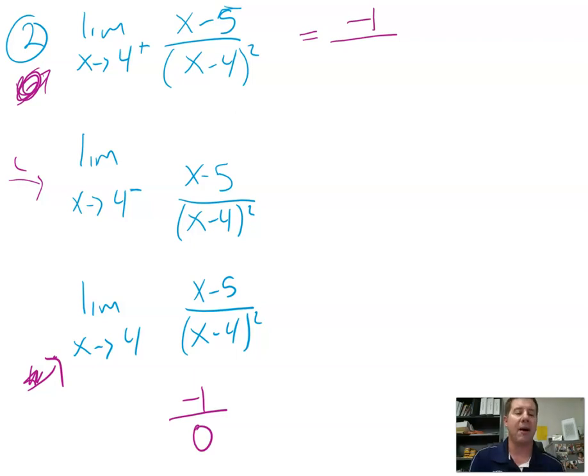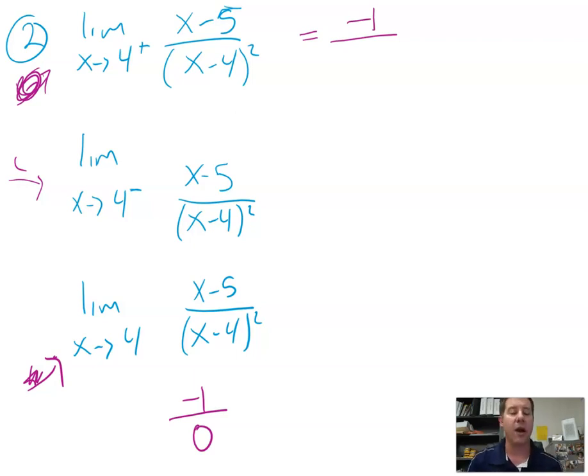I want to think about approaching 4 from the right. If I'm approaching 4 from the right, I'm going to plug in numbers that are bigger than 4, like 4.1, 4.01, 4.001, numbers of that effect. So I want to think about those numbers in my head. 4.1 minus 4 is like 0.1. 4.01 minus 4 is like 0.01.